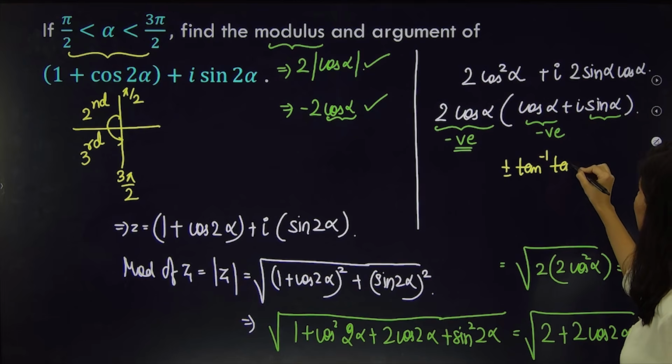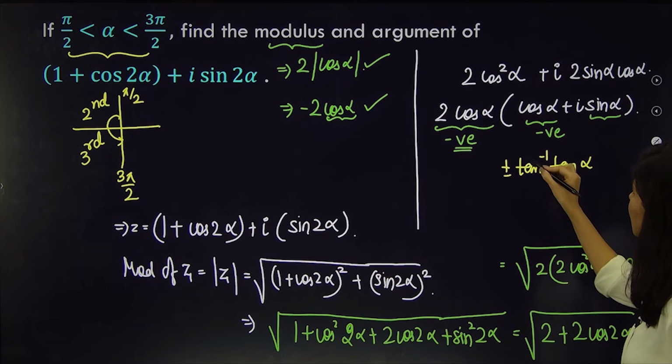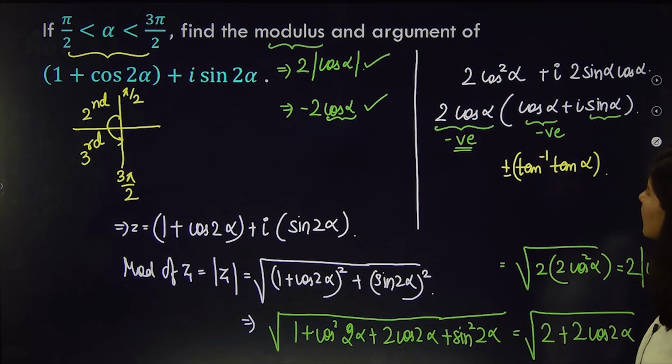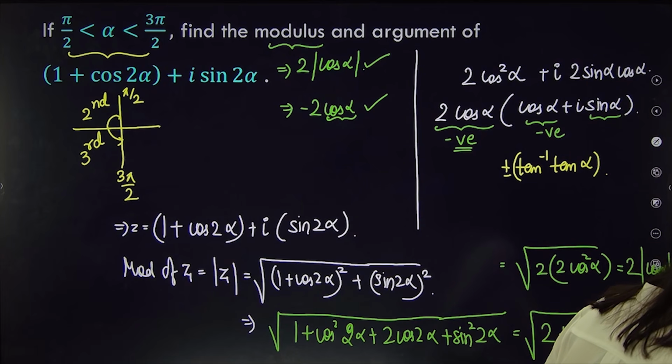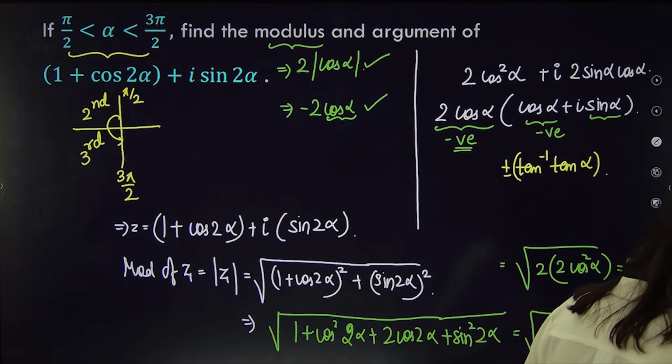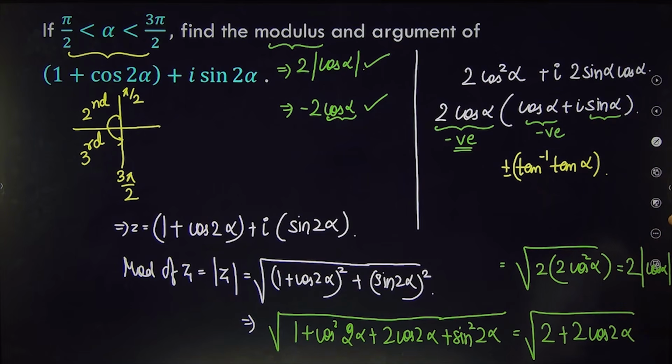So tan alpha. Okay, tan inverse tan alpha will be the answer. Plus minus tan inverse tan alpha. Depends on where the sign lies.